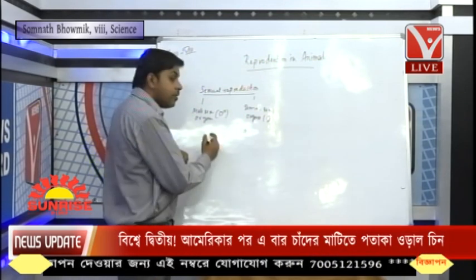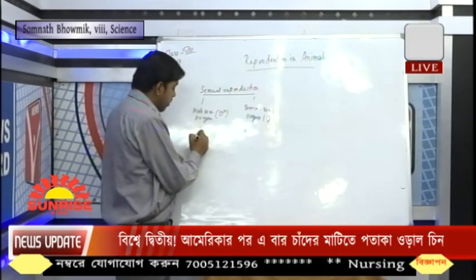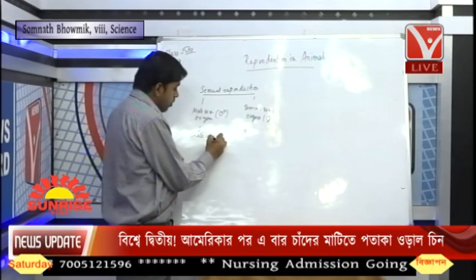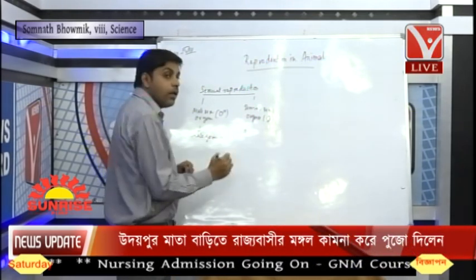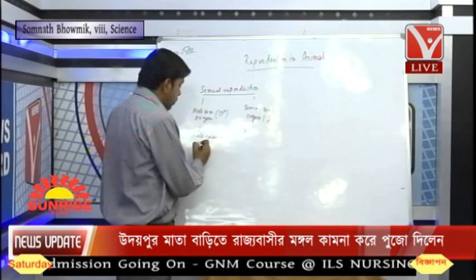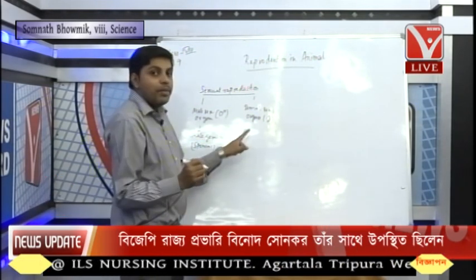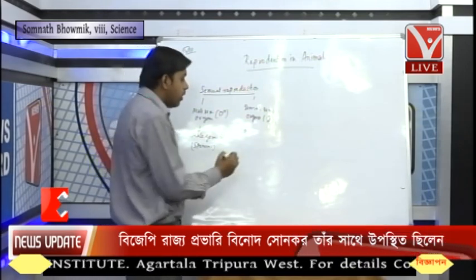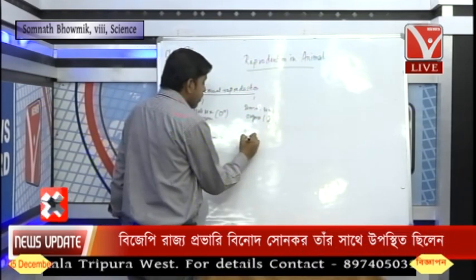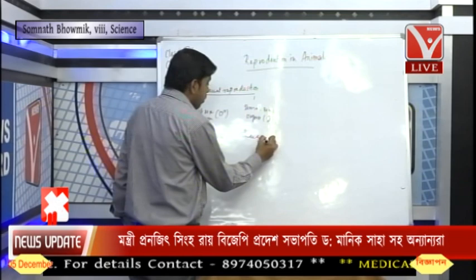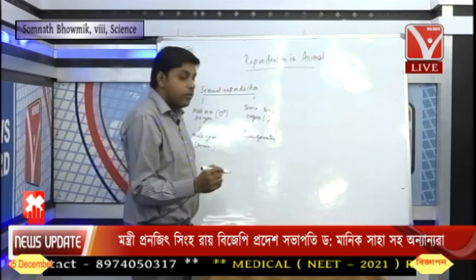The male sex organs produce the male gametes, which are known as sperms. The female sex organs produce the female gametes, which are known as the ovum.